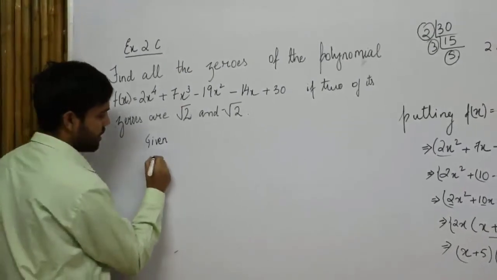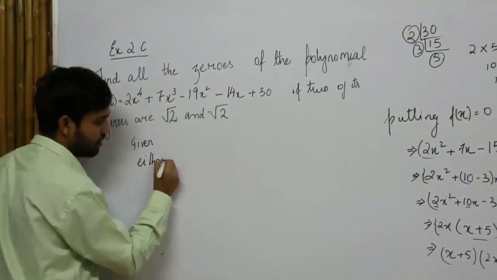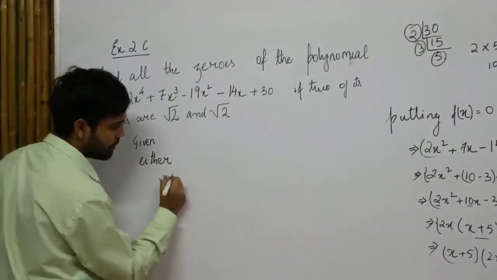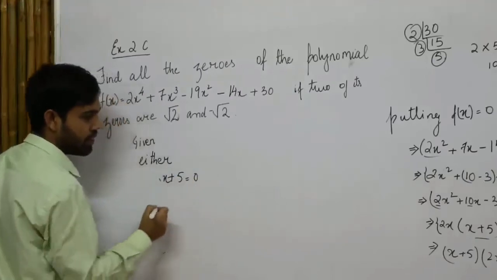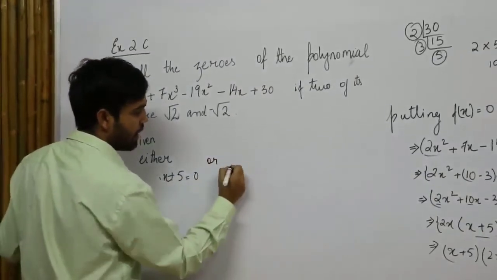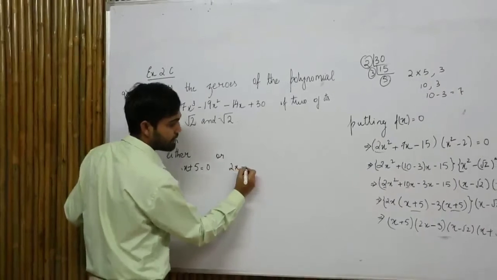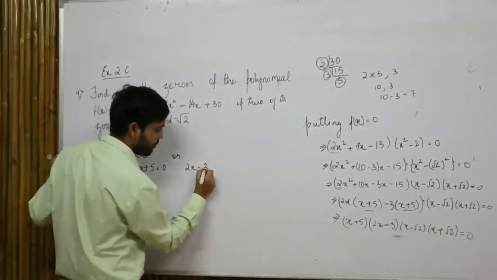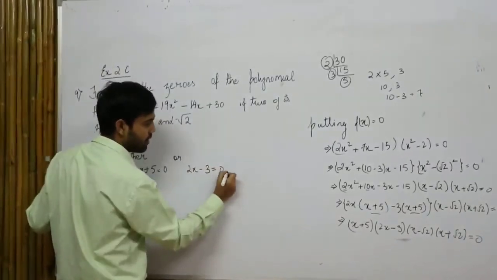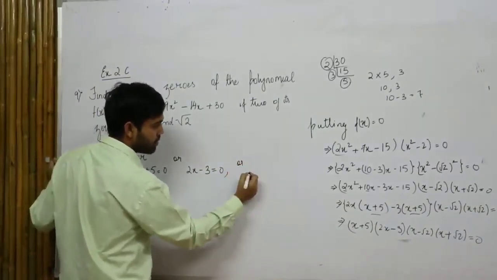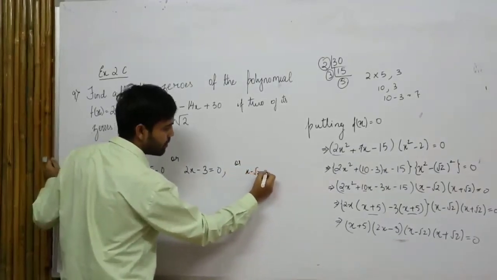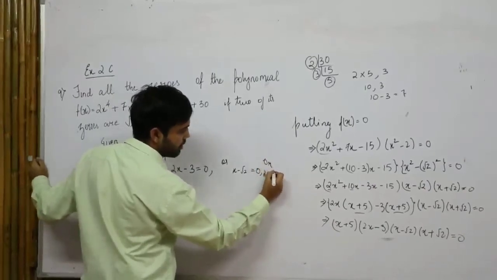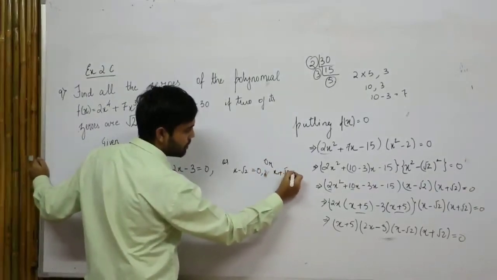After this, the next step will be this. I will have either 2x, x plus 5, this is equal to 0, or I have 2x minus 3 is equal to 0, or the other two terms, I have x minus root 2 is equal to 0, or I may have x plus root 2 is equal to 0.